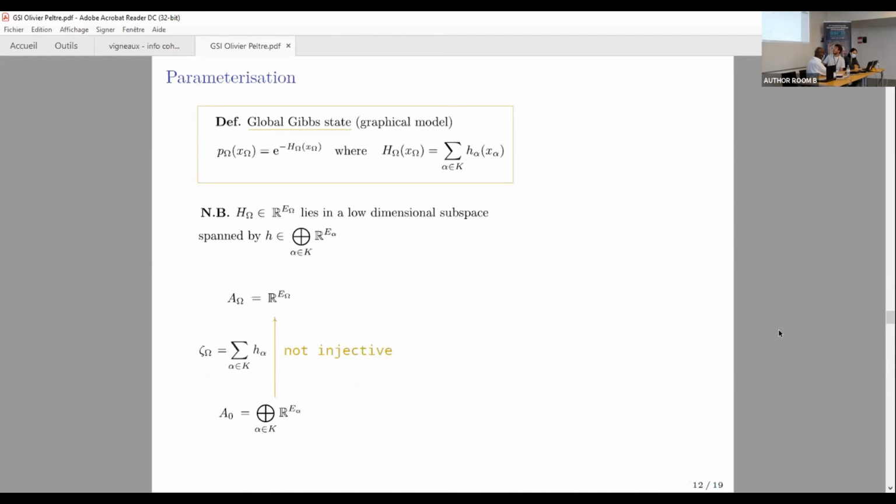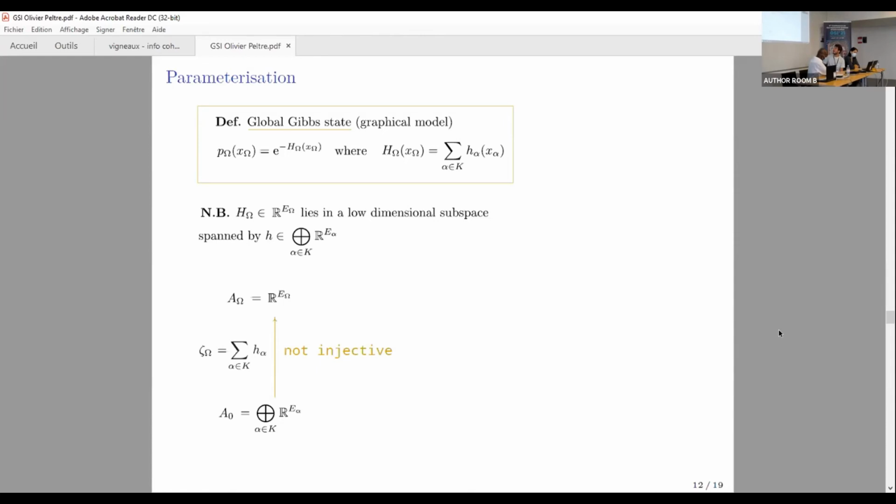This is also often called a graphical model, because assuming that your global Hamiltonian is a sum of local potentials translates as a product for the probability density. Every probability density on a large number of variables can be written as a graphical model. You just have to take a large enough K.